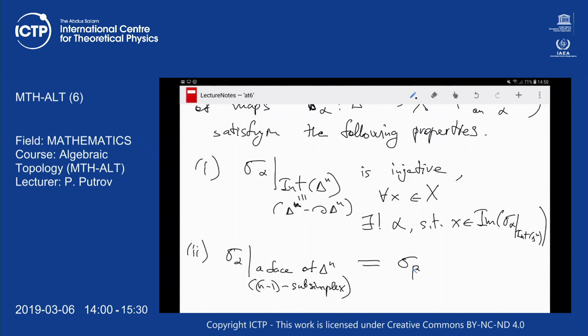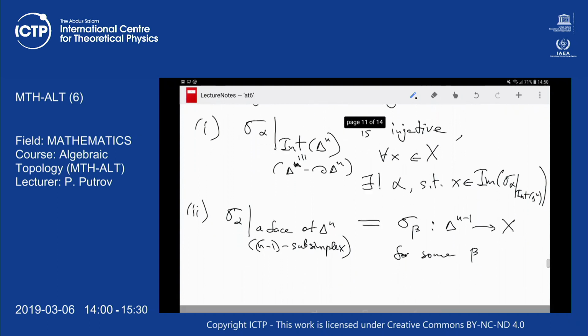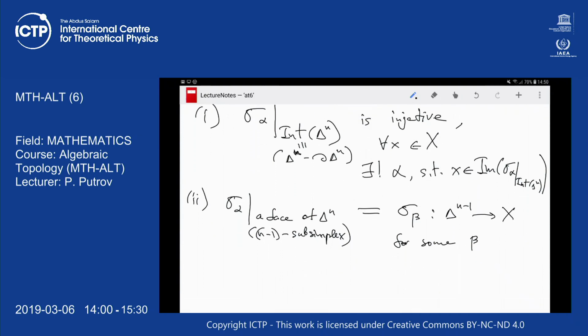The restriction is equal to sigma beta for some beta. So when we restrict this map to the n minus 1 dimensional subsimplex, which is the face, it should coincide with sigma of some other index, mapped from an n minus 1 dimensional simplex to X.